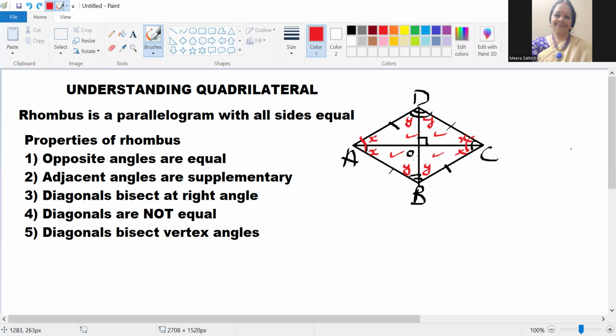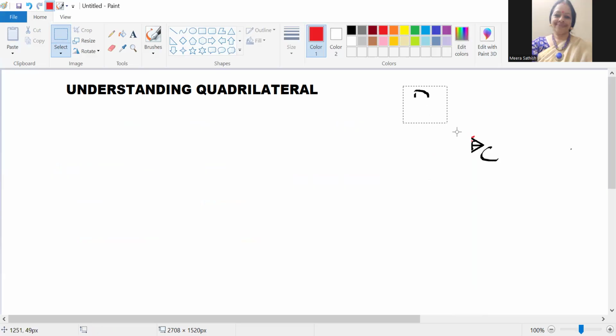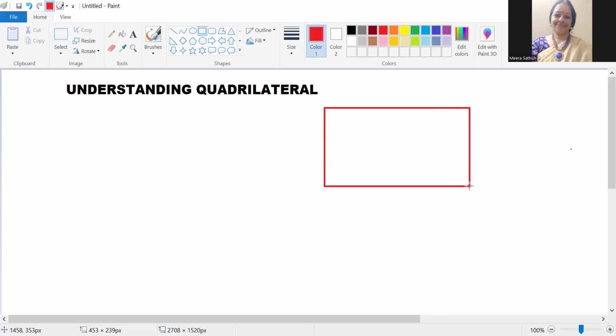Next we are moving on to rectangle. Rectangle is a very familiar figure to all, but you may not be aware of some special qualities of rectangle. So let us see what are the special qualities of rectangle.